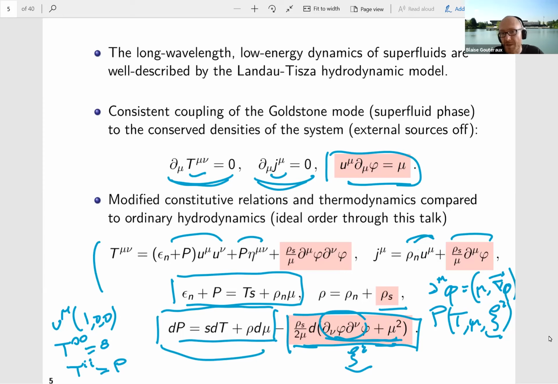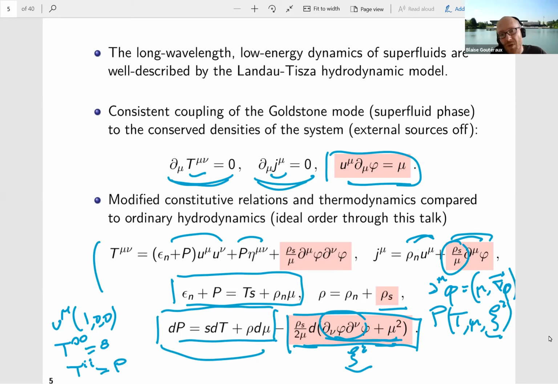And actually, this is the part of the system that, when you include dissipation, is producing dissipation. But now there's also a new piece, which is proportional to the superfluid velocity, d mu phi. And that has a coefficient rho s, which people usually call the superfluid density. And that's the part that doesn't produce any dissipation.